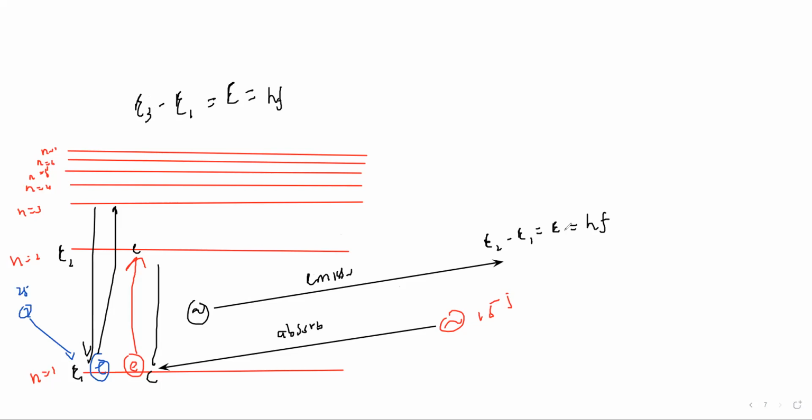But normally, when we represent the energy of these electrons, instead of using joules, we use another unit, electron volt. The equivalence is: 1 electron volt is equal to 1.6 into 10 to the power minus 19 joules.